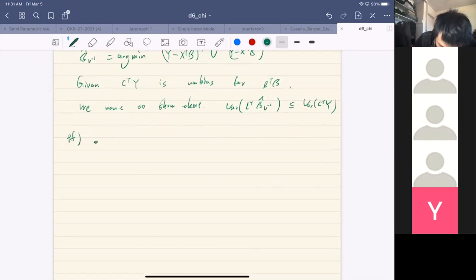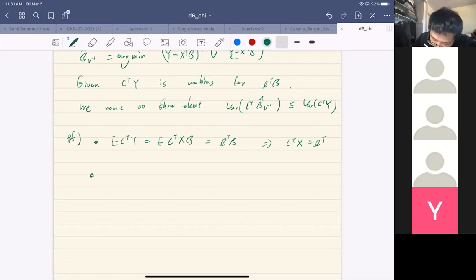First, we know this one is equal to C transpose X beta, and this is equal to L transpose beta. So they imply that C transpose X equals L transpose.